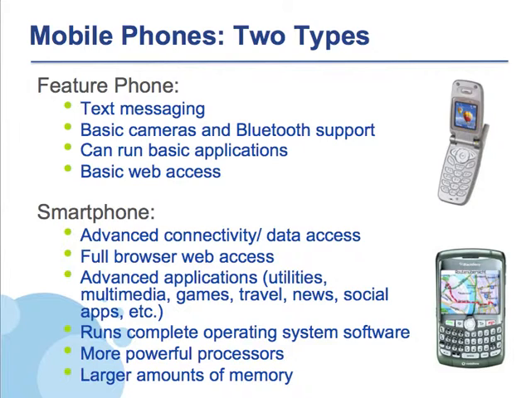The other phone, and this is really what's opening up the mobile landscape, is the smartphone. It has advanced connectivity and data access. Not only can you access a data plan, and right now the common data plan is 3G, and they're going to be moving up into 4G in the next few years, but also these phones usually can access wireless networks.